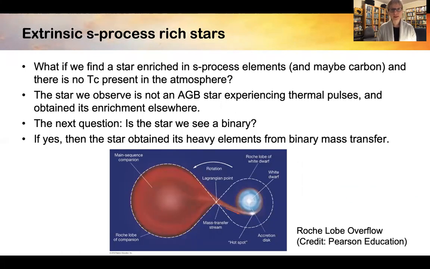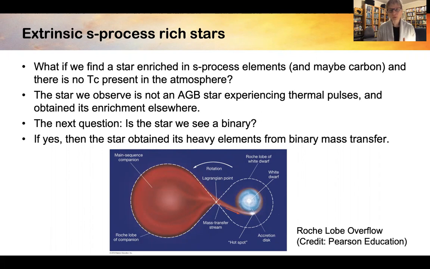So extrinsic stars: what if we find a star that is enriched in S process elements, but there is no technetium? If it's not on the AGB experiencing thermal pulses, then it must have obtained its enrichment elsewhere. In fact, it might even be on the AGB, but it hasn't experienced thermal pulses yet. So the question is, it didn't make those elements itself.